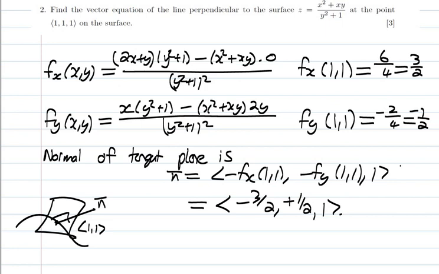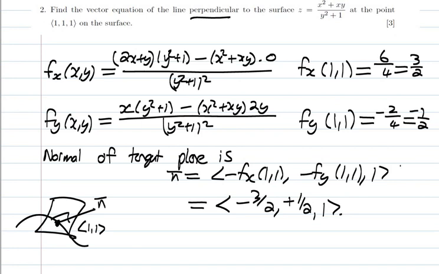Now n is perpendicular, so you're looking for the vector equation of the line that's perpendicular to the surface at the point (1,1). So we're looking for a line that passes through that point and has to be perpendicular to the plane.